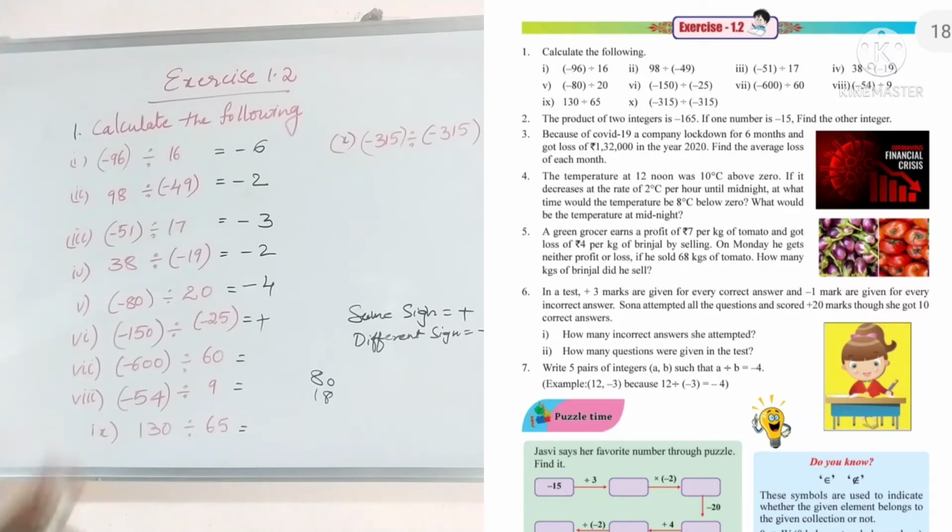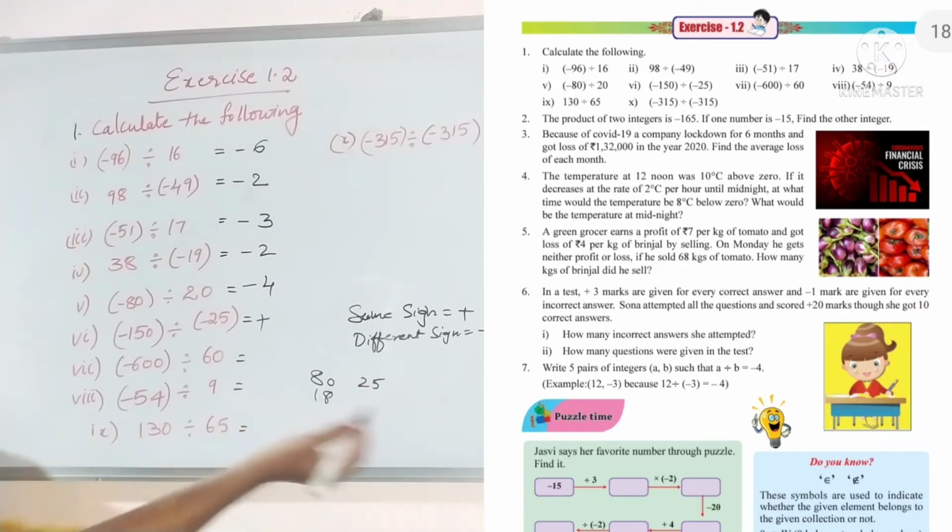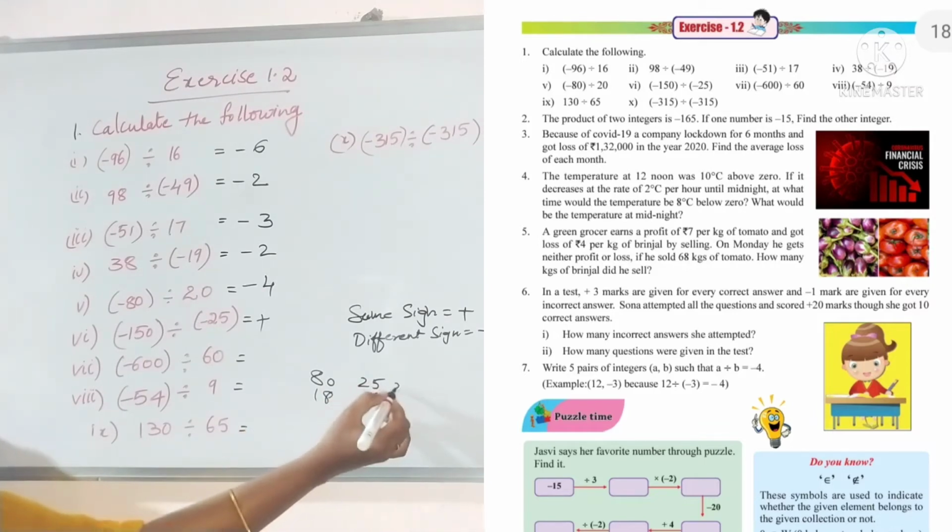So 25, how many times 25 do we get 150? 25 sevens, not 25 sevens, 6 I think. 25 fours are 100. So 25 sixes: 6 fives are 30, 6 twos are 12, plus.